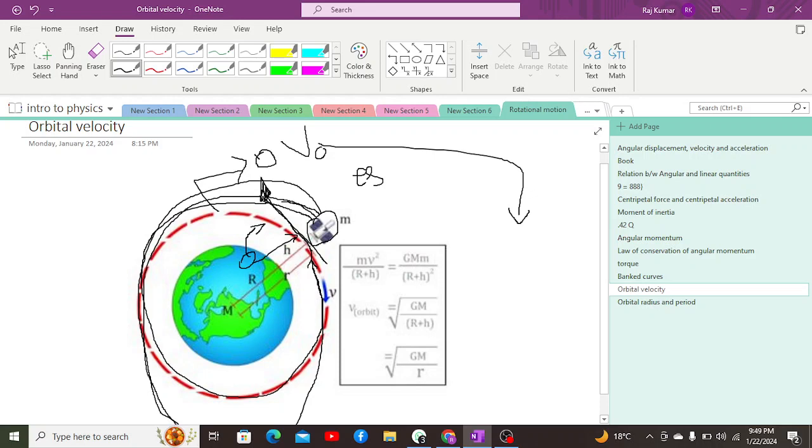such that if a centripetal force is being applied from the Earth, in terms of gravitational force of attraction, towards the satellite to come downwards or towards the center of the Earth, there should also be a force applied in terms of tangential velocity.